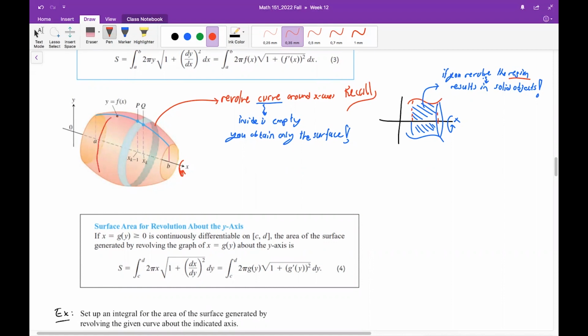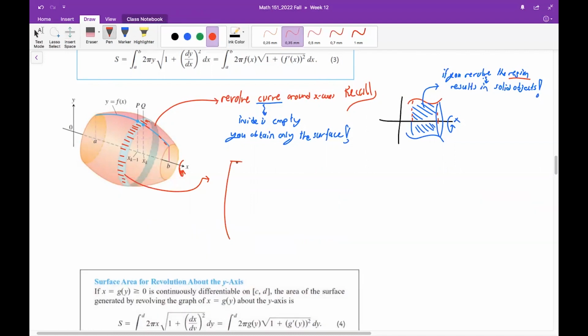By dividing the surface into circular strips, over each sub-interval, you will concentrate on these circular strips, find the surface area of each circular strip, then we will sum them up to obtain the total surface area. So this is the idea here. So let's concentrate on this circular strip. We want to find the surface area of it. So let's take it to here.